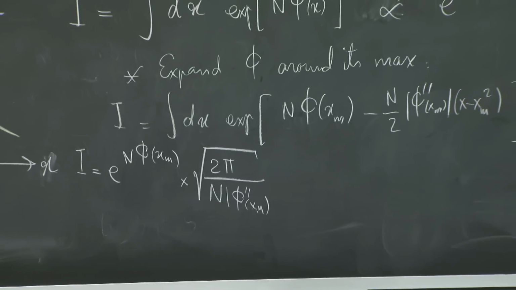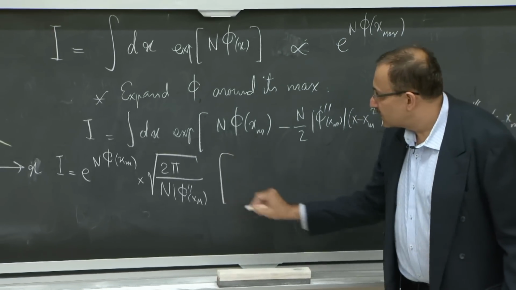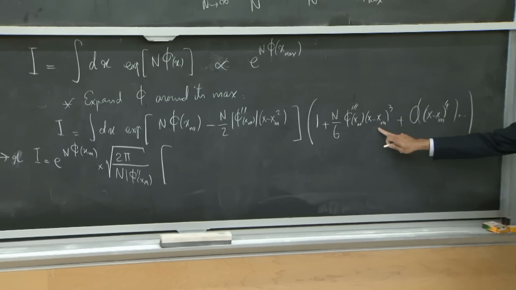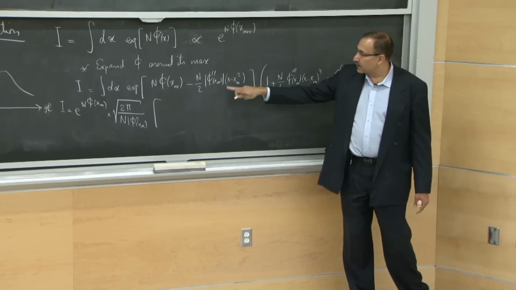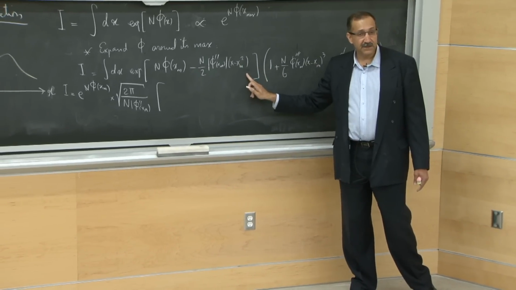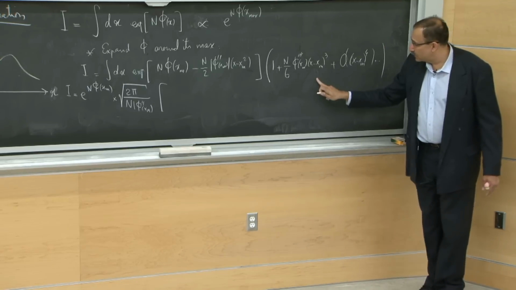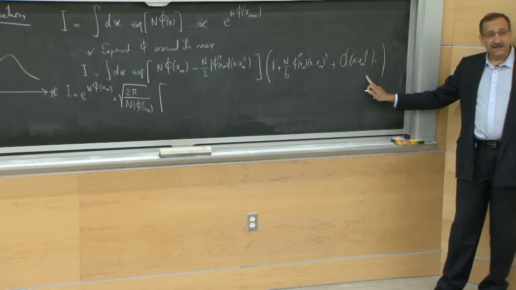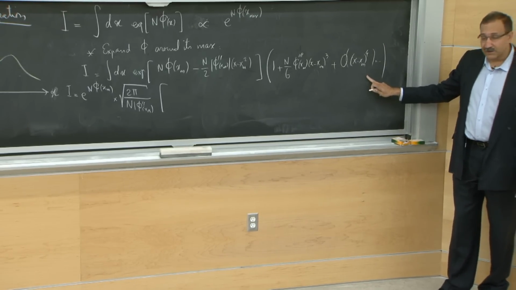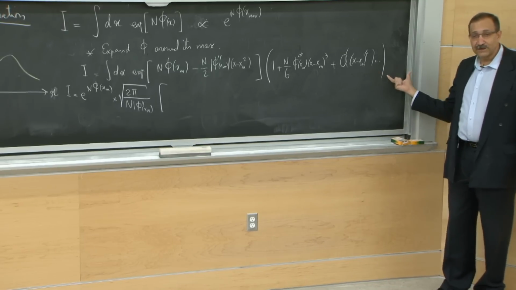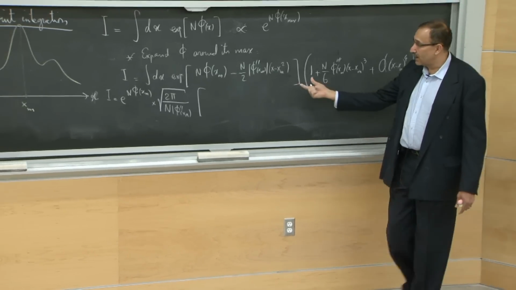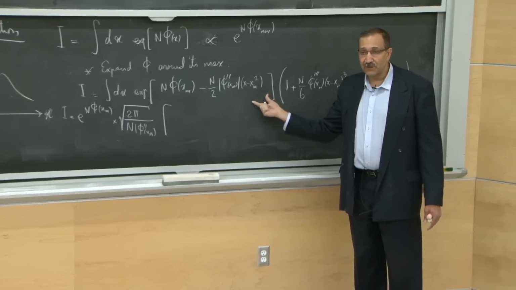Now the next term, since I'm expanding something that is third order around a potential that is symmetric, that would give me 0. The next order term, which is x minus xm to the 4th power, you already know how to calculate averages of various powers with a Gaussian using Wick's theorem.